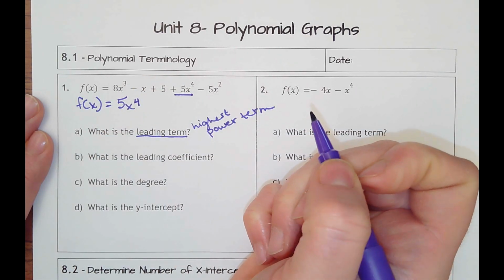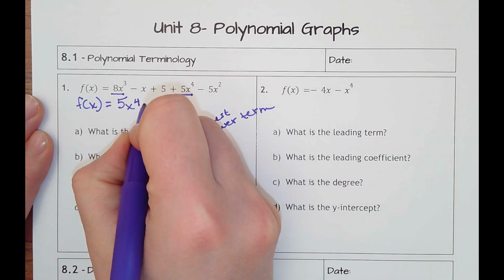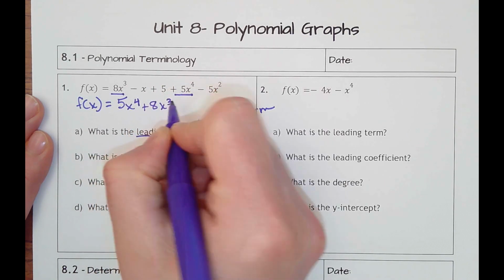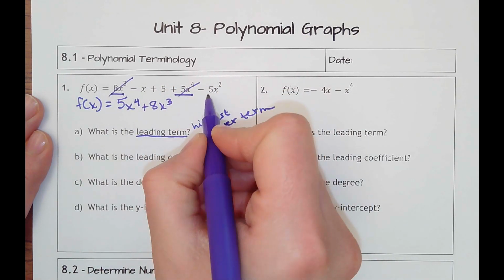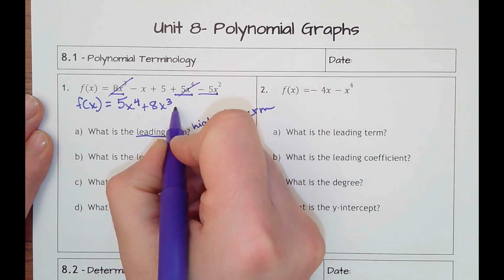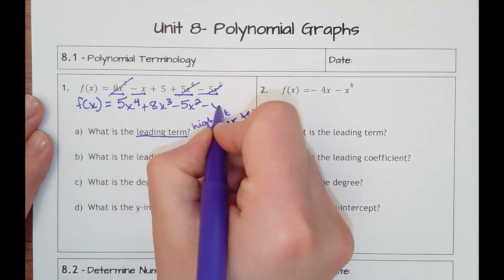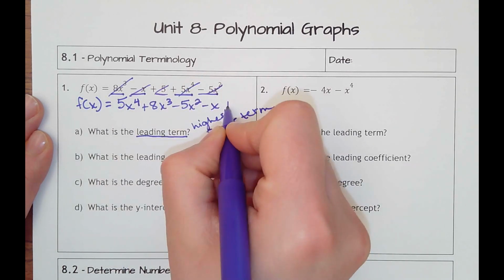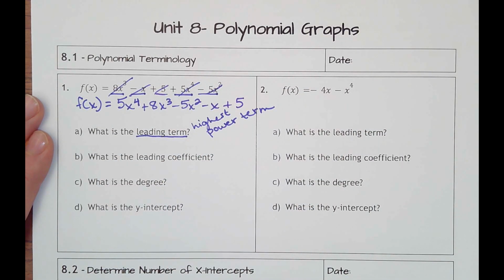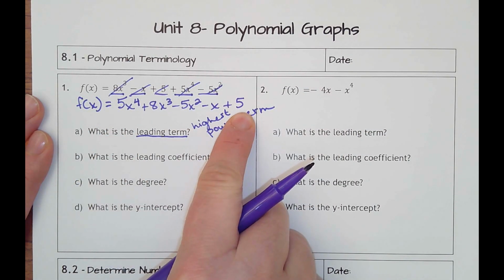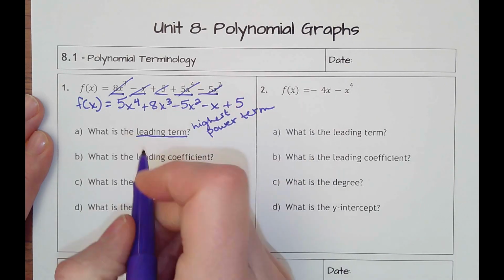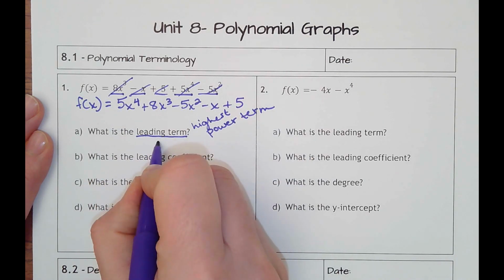And then I see the 8x cubed and it's positive, so I'd have a plus sign in front of it. Then I would do the minus 5x squared. Then I would have the minus x and then the plus 5. So you're just rearranging the terms so that it goes highest power down to your constant. So the leading term would be the 5x to the fourth.